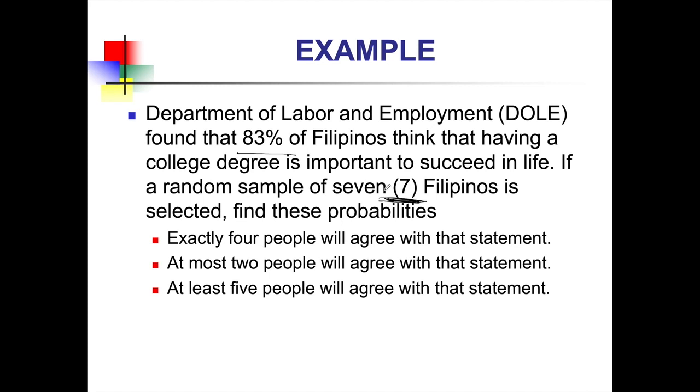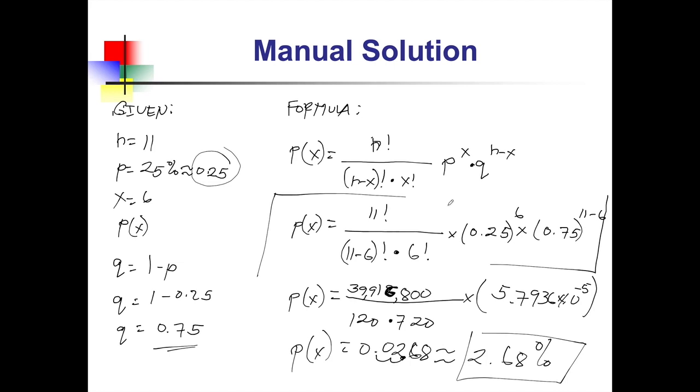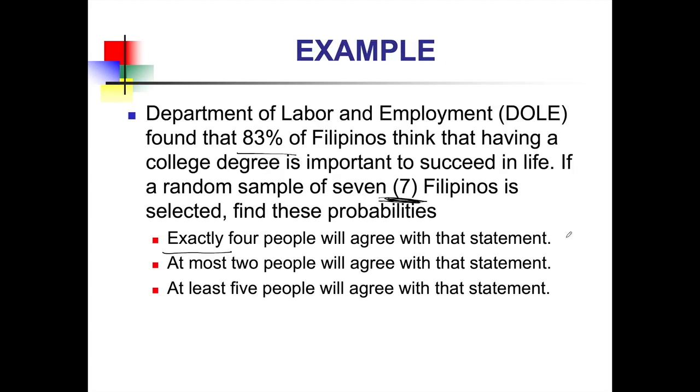First condition, exactly 4 people will agree with the statement. Take note, there's the term exactly. It's almost the same as in the first problem, where we also used the term exactly. So, the solution for that is exactly the same as the solution we did in the first problem. We have no problem there, it's easy.